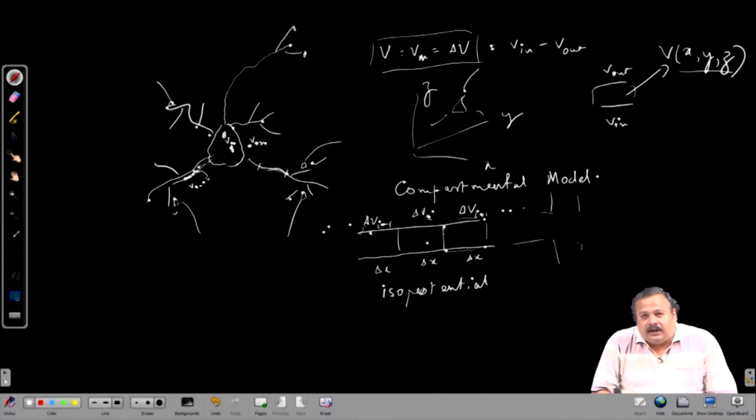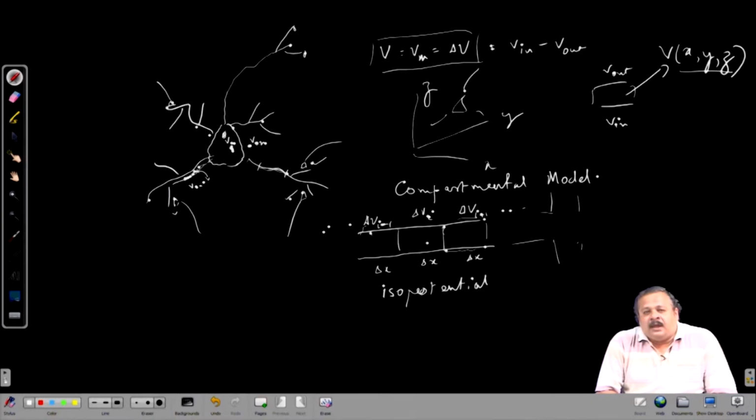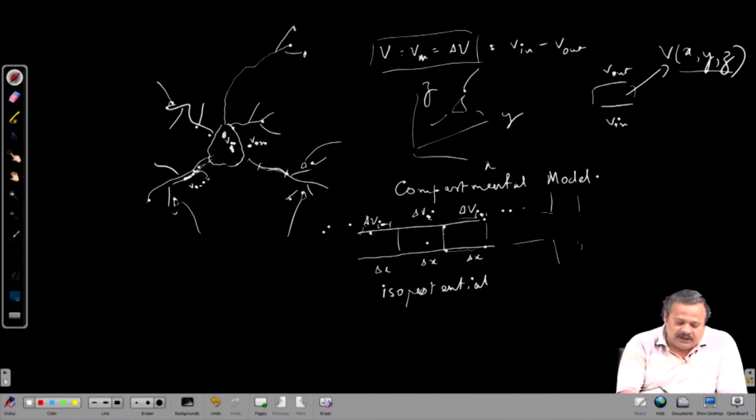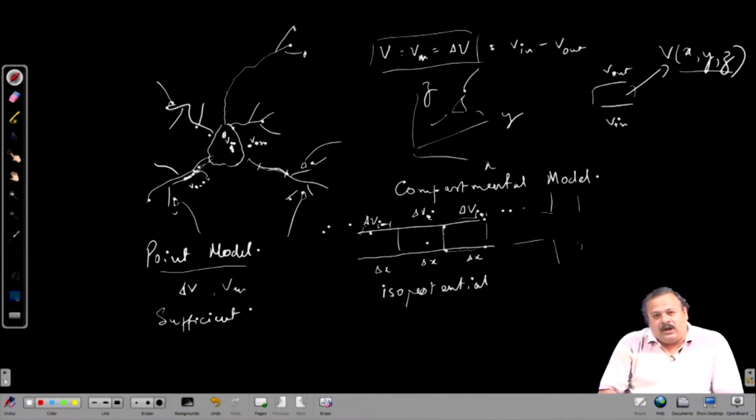On the other end, the simplest ones in terms of this delta V is a point model, where the entire neuron is assumed to be isopotential. And so, one delta V, or Vm, is sufficient to describe the behavior that we are trying to understand.